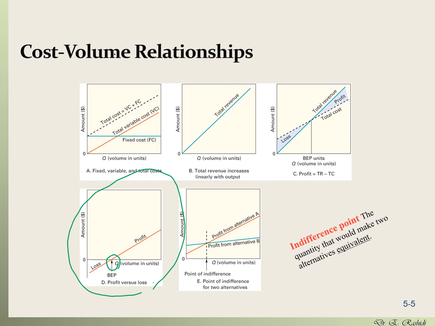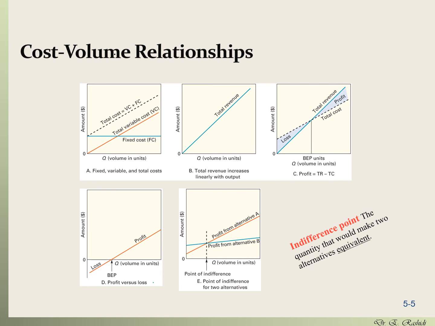That's where you see zero profit. This is quantity, and this is the dollar value. So the dollar value here for BEQ is zero. If you produce more than that, there's going to be profit. If you produce less than that, there's going to be loss.